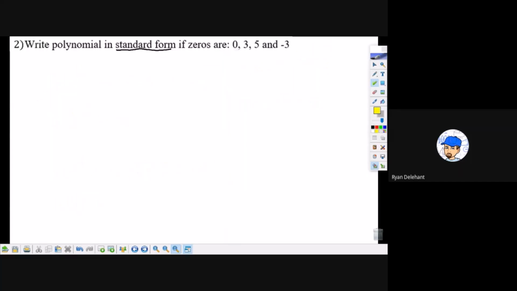So what we're supposed to do is use these to write the zeros. Because we have x equals 0, x equals 3, x equals 5, x equals -3, the first step we're going to do is write that in factored form, and then we're going to multiply the factors out. So we're going to do factored form first.